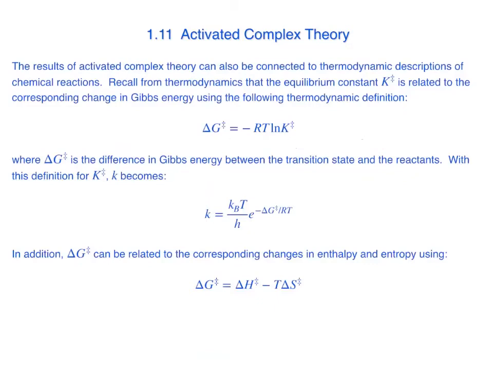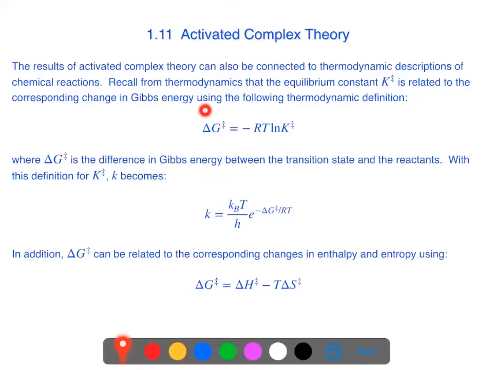Now, the results of the activated complex theory can also be connected to thermodynamic descriptions of chemical reactions. Recall from thermodynamics that the equilibrium constant K double dagger is related to the corresponding change in Gibbs energy using the following thermodynamic definition, where the difference in the Gibbs energy between the transition state and the reactants is equal to the molar gas constant times temperature and the natural logarithm of the equilibrium constant.